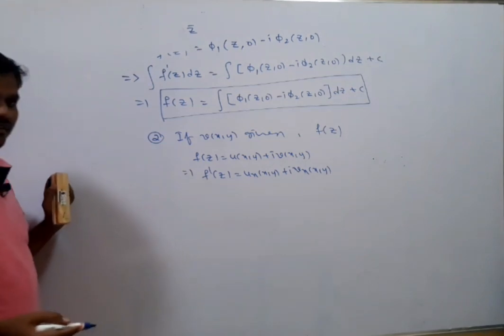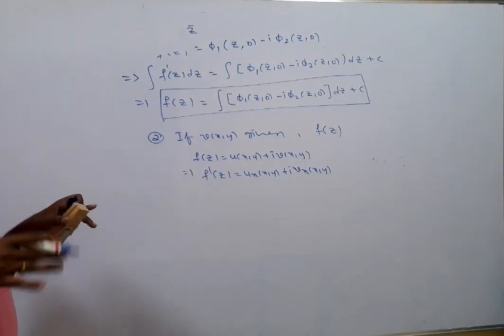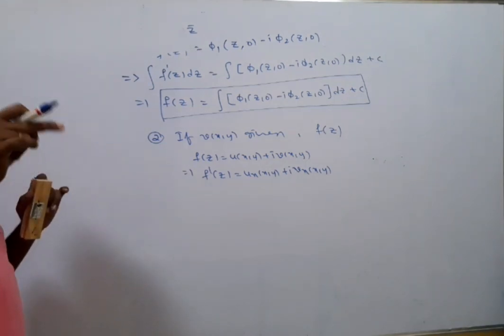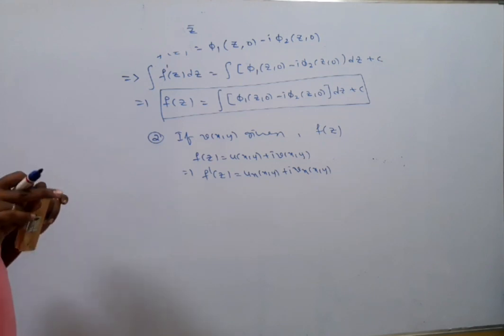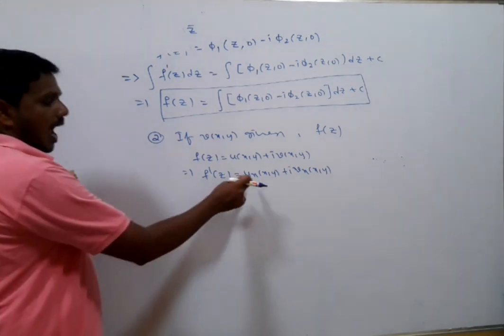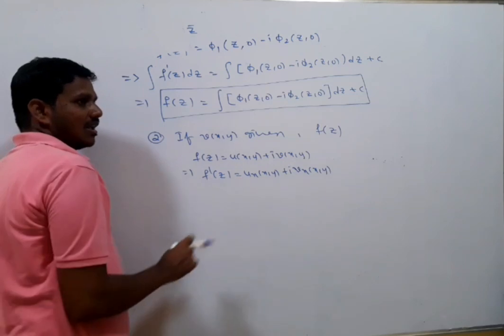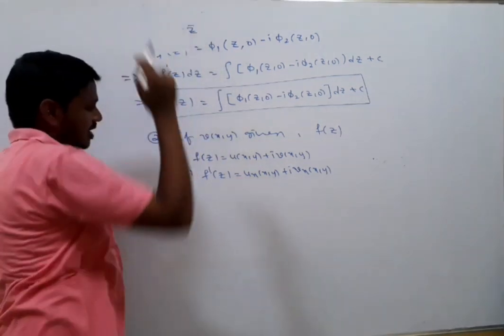But v is given, so we can write vx, the partial derivative of v with respect to x, and the partial derivative of v with respect to y. I am trying to replace ux by using the Cauchy-Riemann equations.